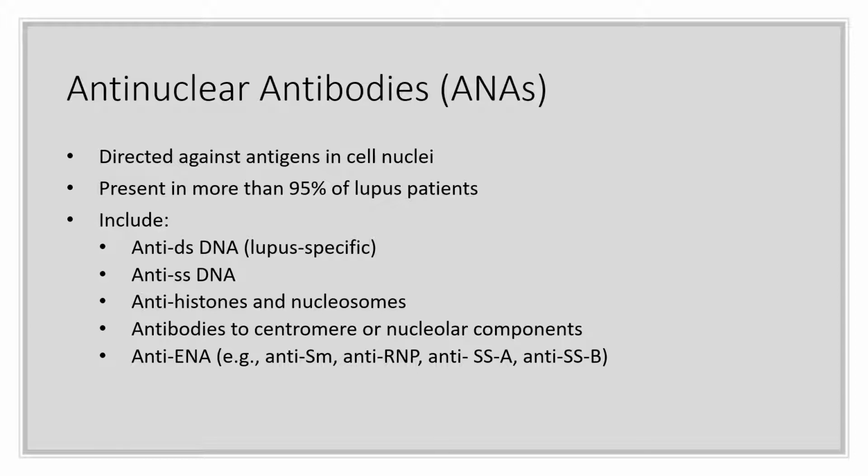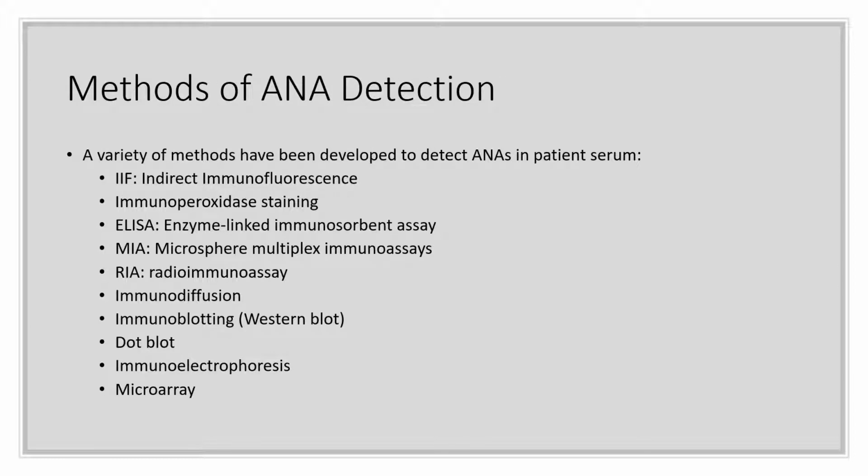Most of these antibodies for systemic lupus are targeted towards cell nuclei components. Obviously, the big one is the double-stranded DNA. Single-stranded DNA, histones, and the like are also included. So how do we detect them?